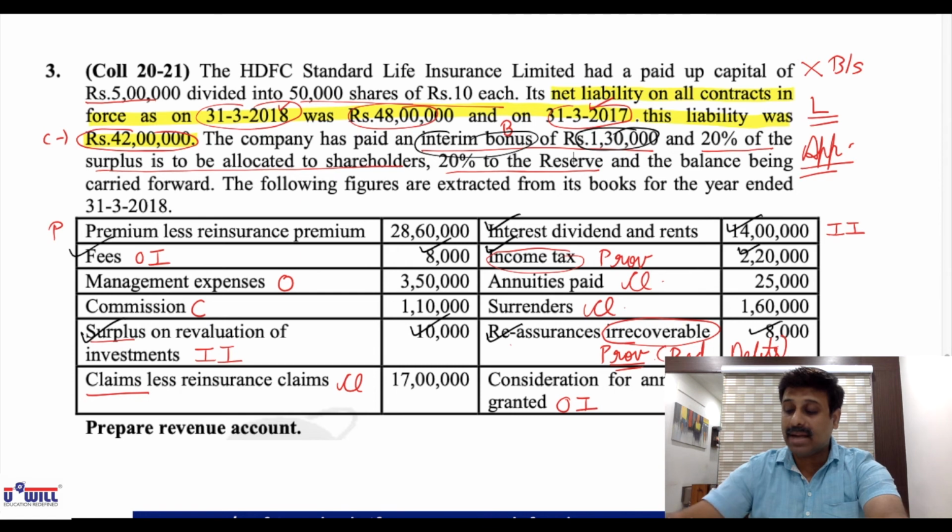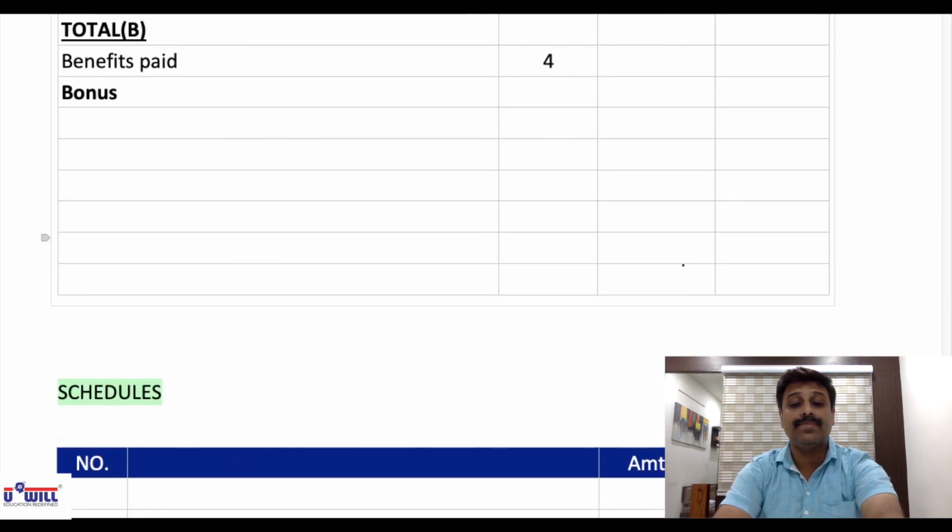No other item is marked as B. So only this interim bonus will be taken over here. Interim bonus, all of you write 1,30,000. Only one item, so directly outer column.